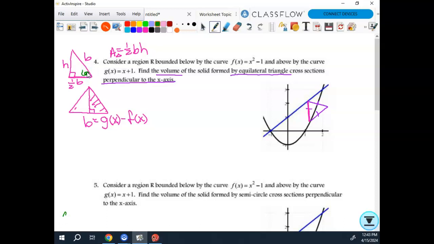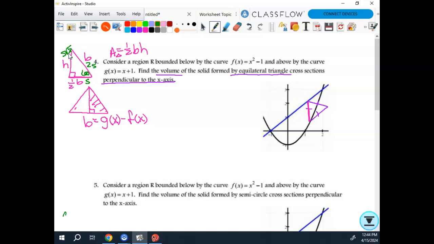So then I need to figure out, this is 60. Do you know your special right triangles? Yes or no? 30, 60, 90 triangle. Across from 30 is the short leg. The hypotenuse is 2 times the short leg, and the long leg is the short leg times the square root of 3. Sound familiar? This comes from geometry, and we did it last year too, before we started trig.